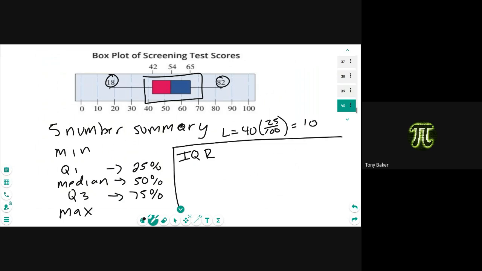So it's the range from the 25th to the 75th percentile. So it's that box. So my interquartile range is 65 minus 42, which in this case is 23.